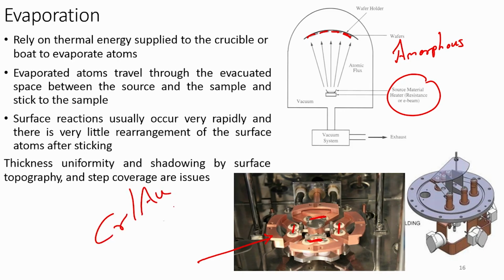If we only deposit gold, it has poor adhesion. So, to improve the adhesion of the gold we have to deposit a thin layer of chrome. Now, how to deposit chrome and gold both? If we have multiple sources within the same chamber we can deposit first chrome followed by gold.